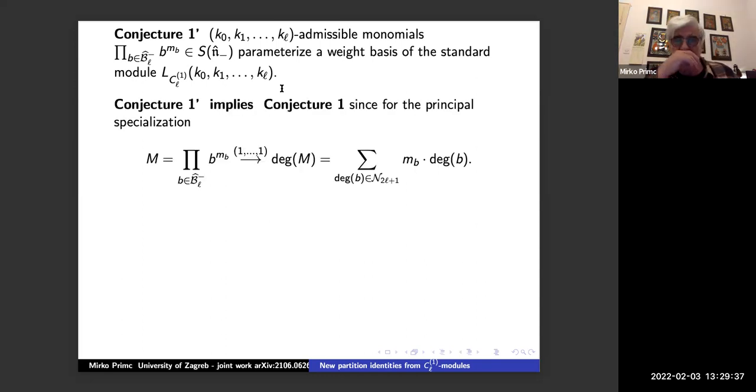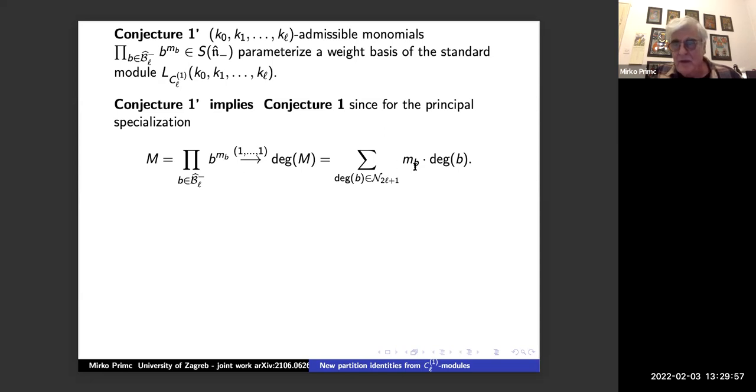This conjecture implies the character formula, since for the principal specialization, our monomial gets a degree that is how many times we took this b from the basis.